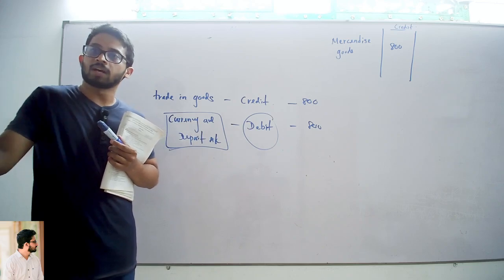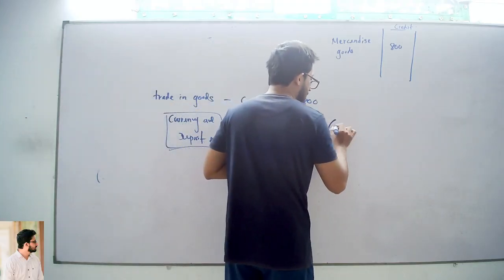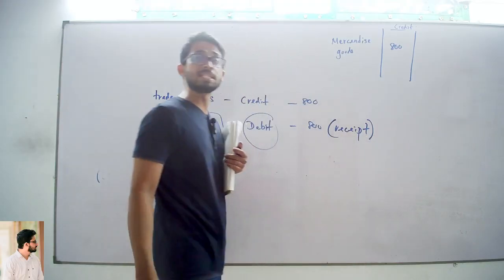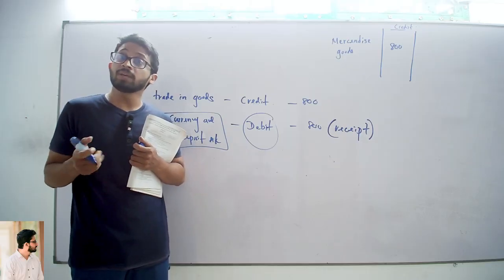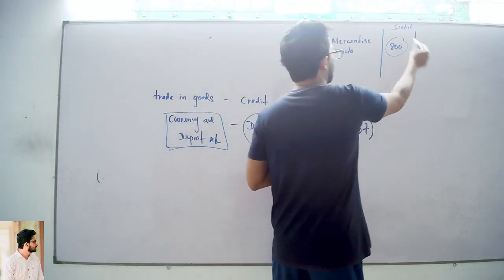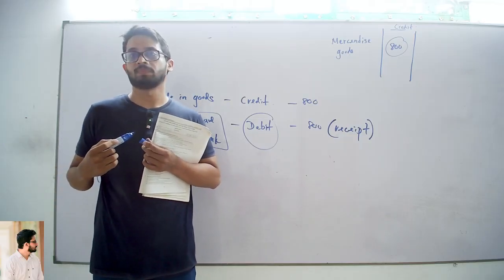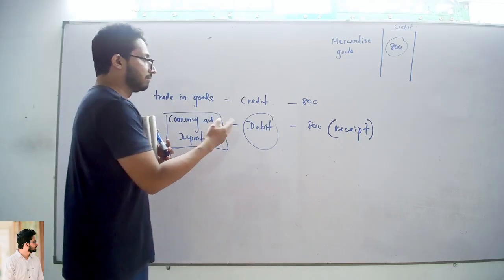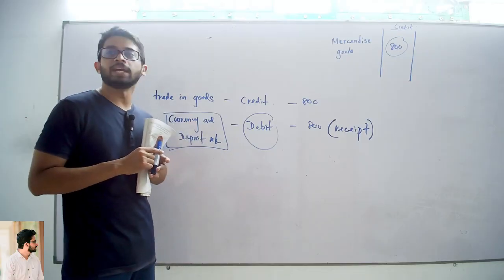So this 800 should be a cash receipt. We receive cash when we export goods. So this merchandise goods 800 should be merchandise goods exports. We have received cash, that's why we debited our currency and deposit account 800.